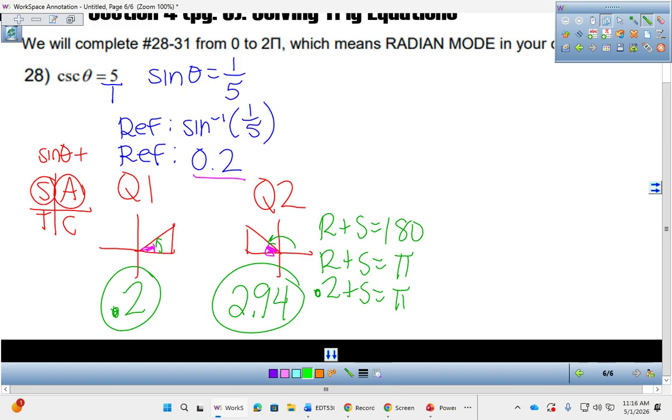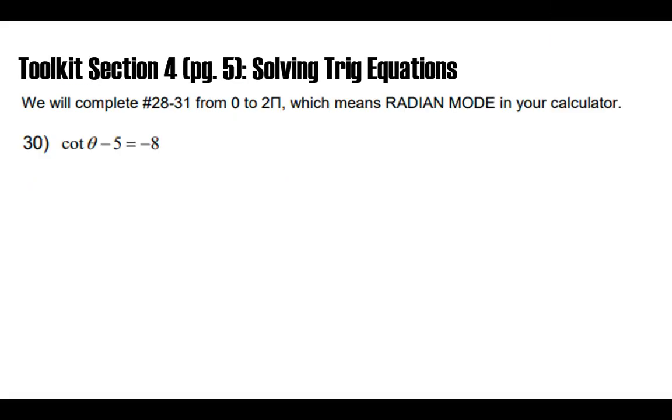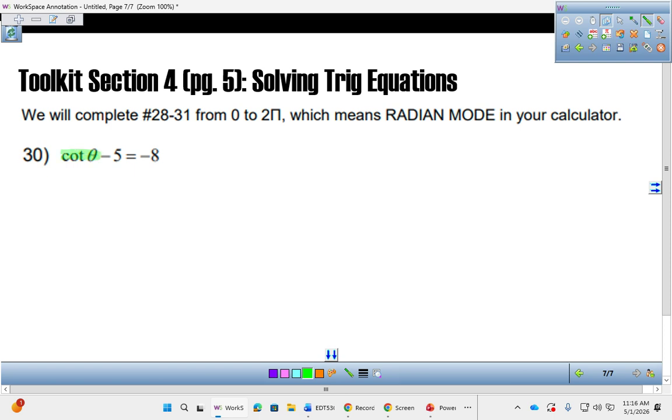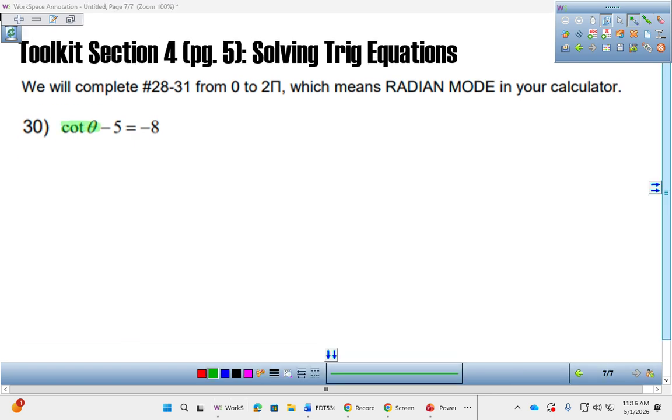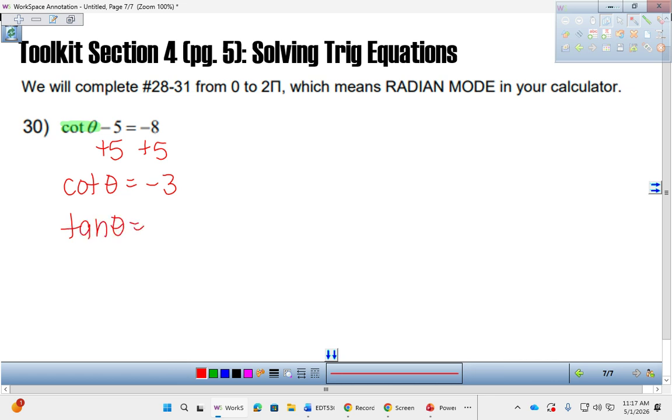Alright, try this one. Try to get cotangent on its own. Cotangent pairs with tangent, so when you're making the change, you're changing it to a tangent. Just remember, when you're doing the reference angle, don't put the negative in.